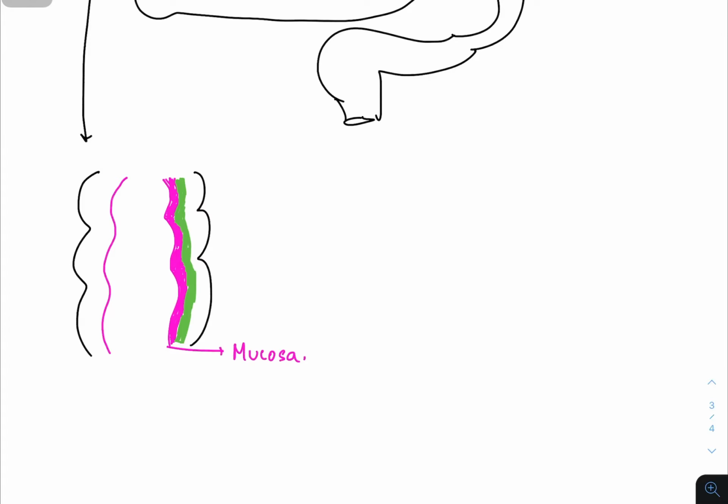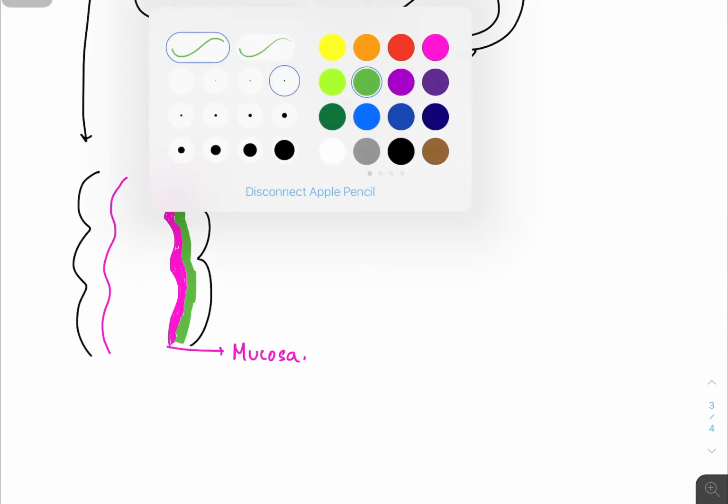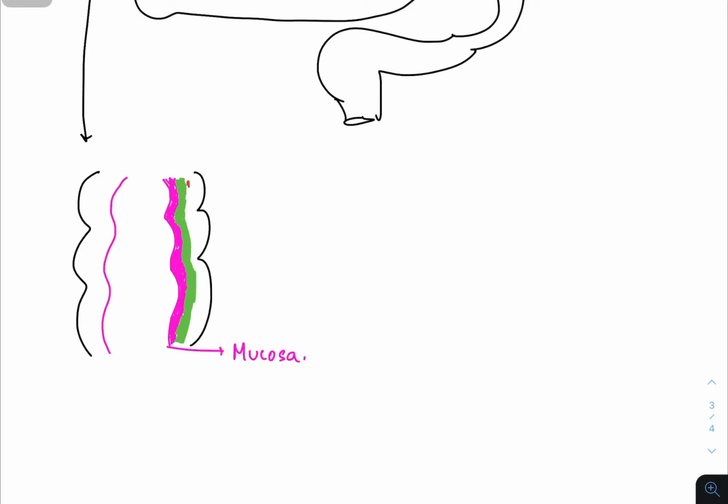I mean, mucosa is further divided into lamina propria and all, but that is not necessary for us to discuss now. They're already recorded in my previous lectures, but for now what you need to know is the innermost layer is mucosa. Next, the green color layer is submucosa, and after that you have this red color layer. This red color layer is called muscularis, because it has got muscle in it.